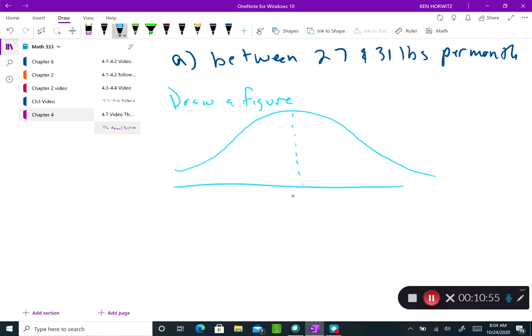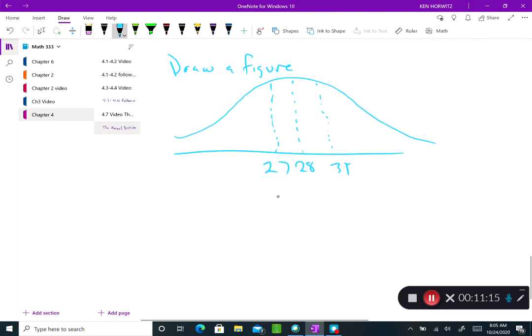My average is 28, so that goes in the middle. And 31 is up here. 27 is down there. So we're going to straddle our average.